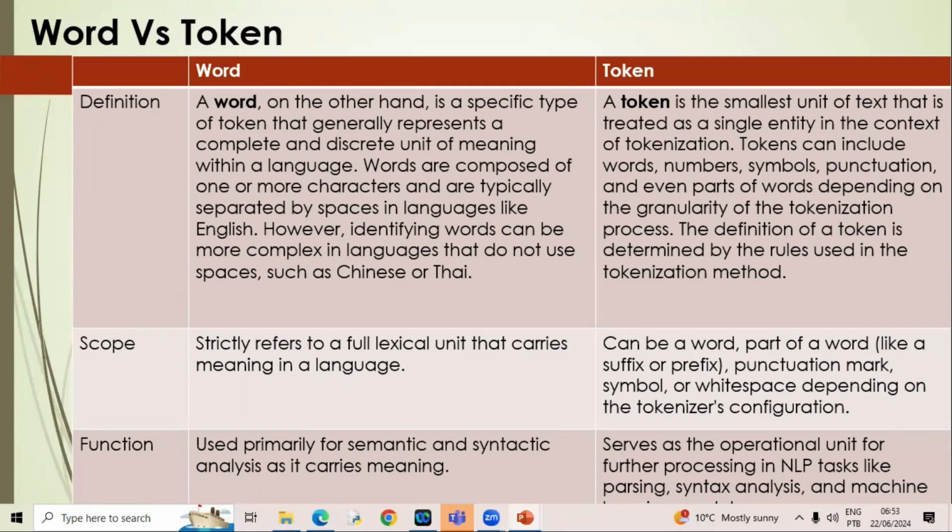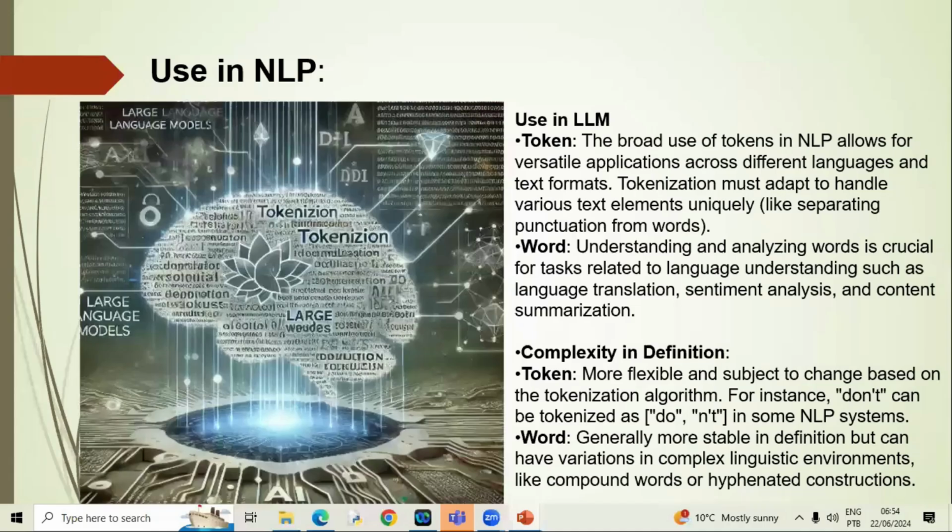And a token can be words, parts of words like a suffix or a prefix, punctuation marks, symbols, white spaces, everything is part of a token. A word is used primarily for semantic and syntactic analysis as it carries meaning, whereas a token serves as the operational unit for further processing of NLP tasks like parsing, syntax analysis, and machine learning.